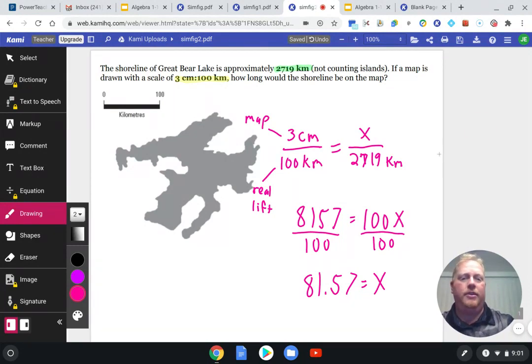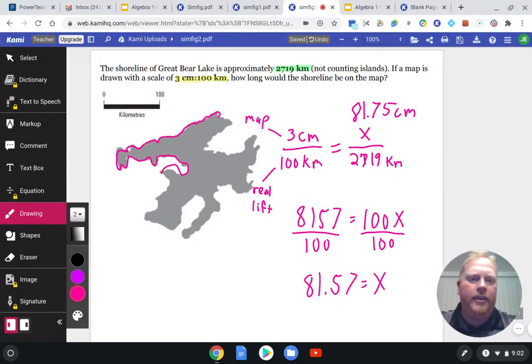So, because in the numerator I have 3 centimeters, I know that my unknown is going to be 81.75 centimeters. So if I could somehow measure the entire shoreline on this map, which I'm not going to draw the whole thing, all right?